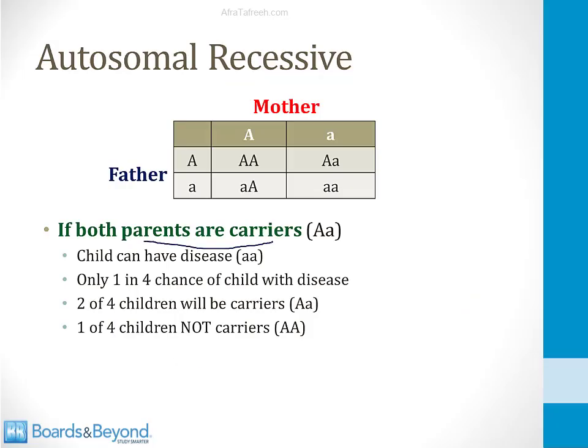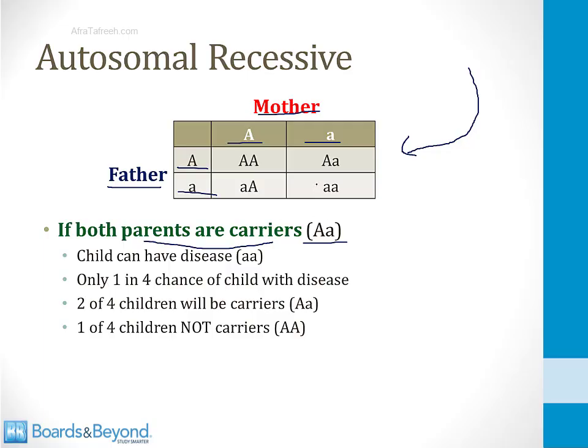If both parents are carriers, in other words, if both parents are heterozygous and have one healthy gene and one disease gene, then the four possible combinations of genes that may occur in the offspring are shown in this 2x2 table on the slide. The mother has the potential to pass along a healthy gene or a disease gene to her offspring. The father similarly has a chance to pass along a healthy gene or a disease gene.